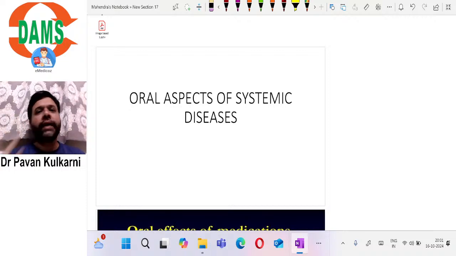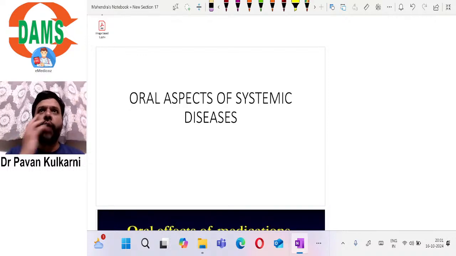The most important oral manifestation in kwashiorkor or marasmus is basically glossitis, that is inflammation of the tongue, angular cheilitis, and loss of circumoral pigmentation. This is very important.